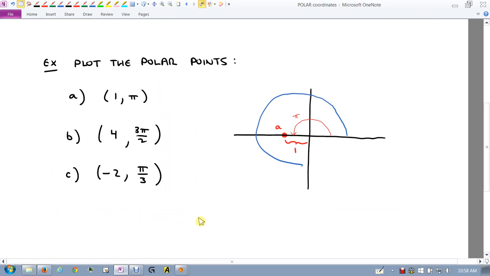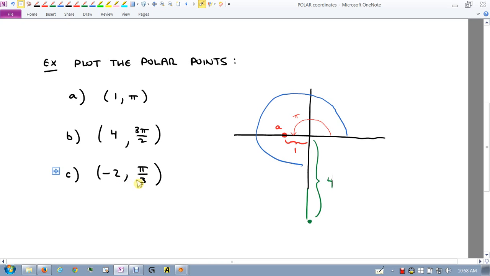Okay, so you rotate here by 3 pi over 2, and you walk out 4 units, which would put you somewhere way down here probably, right? Now, the next one is somewhat interesting because you would think that r being your radius would imply that you need to always be positive. But with polar coordinates, it's okay to have a negative radius. It just means instead of walking forward, you're going to walk backwards.